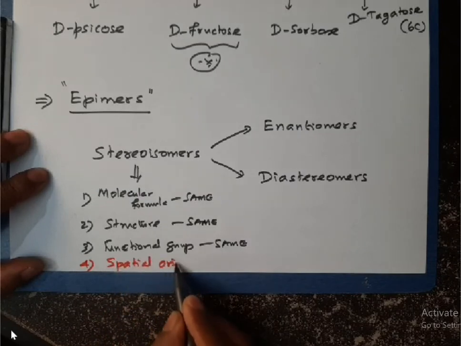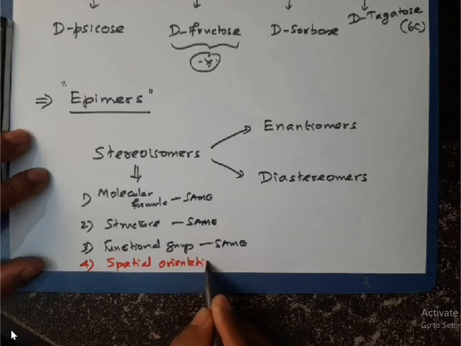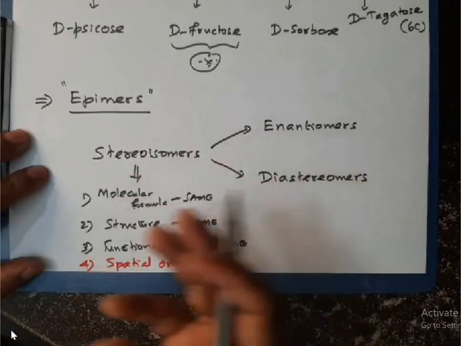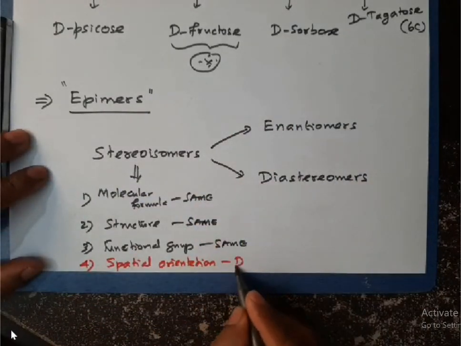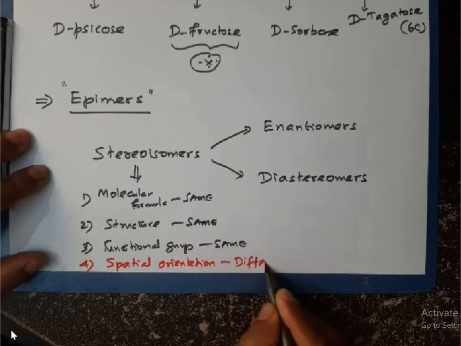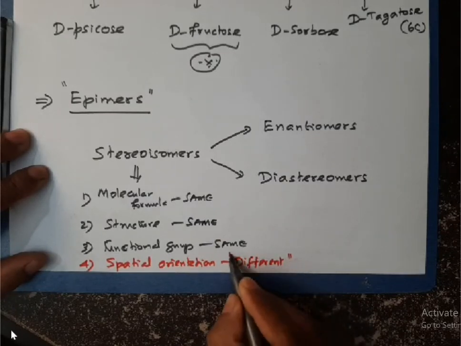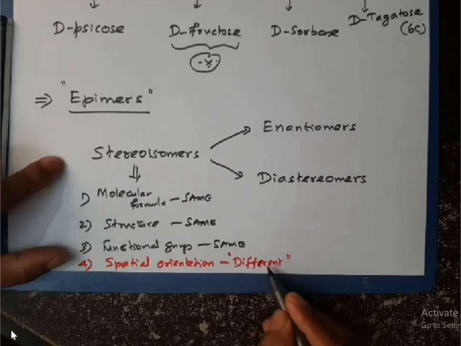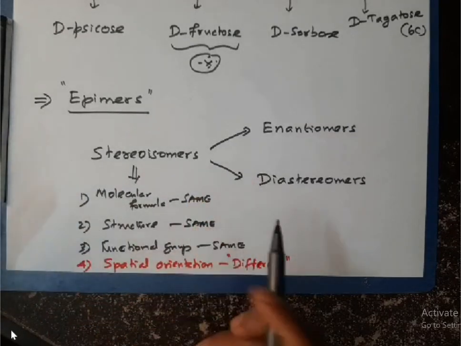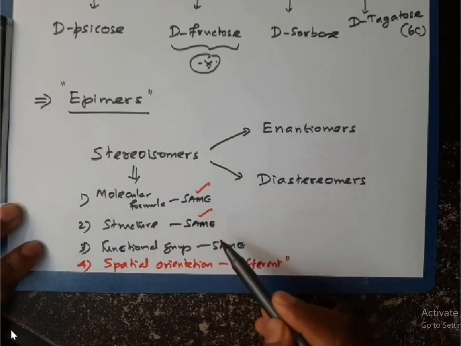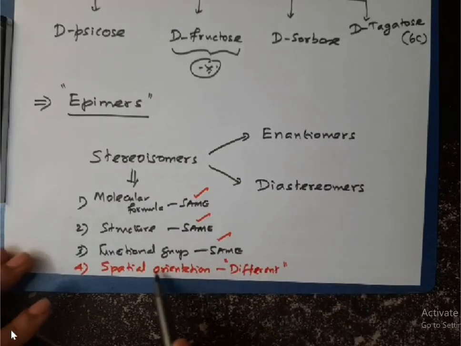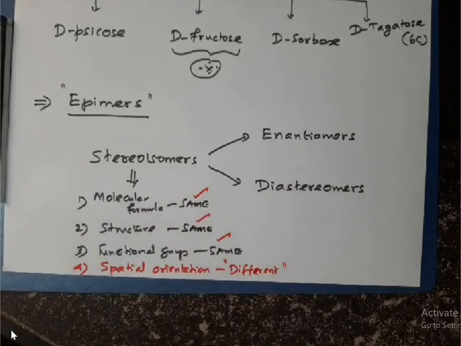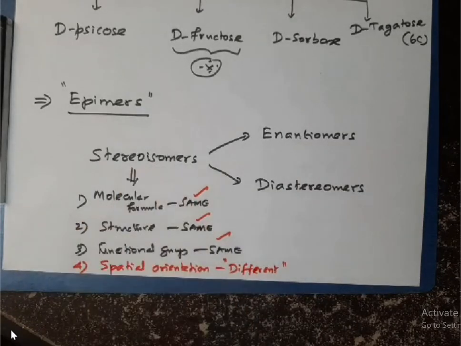In space, how the groups are oriented, that is different. So if two molecules have the same molecular formula, same structure, same functional group, but different spatial orientation, we call them stereoisomers.